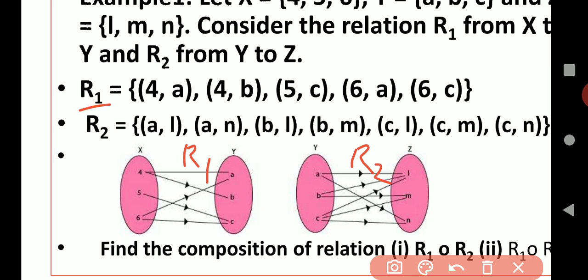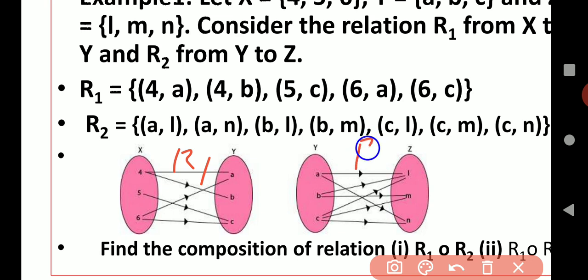In relation R1, we have (4, a), and we have (4, b). Now we have (5, c). Now we have (6, a) and (6, c). So this is the relation from X to Y and we represent it as R1.